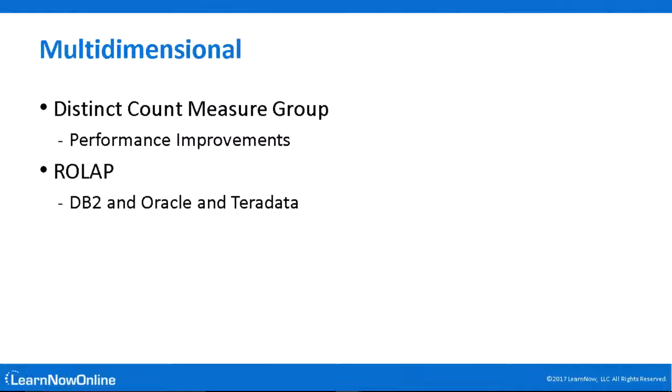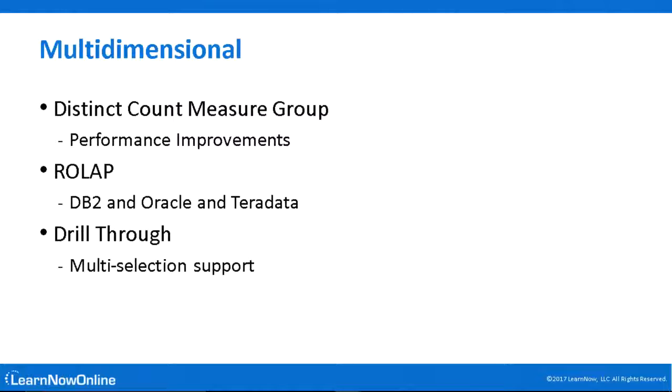While most enhancements in this release are specific to tabular, a number of enhancements have been added to the multidimensional models. For example, the roll-up optimization for data sources like DB2 and Oracle have been improved inside of this release. The next one is drill through with multi-selection support.